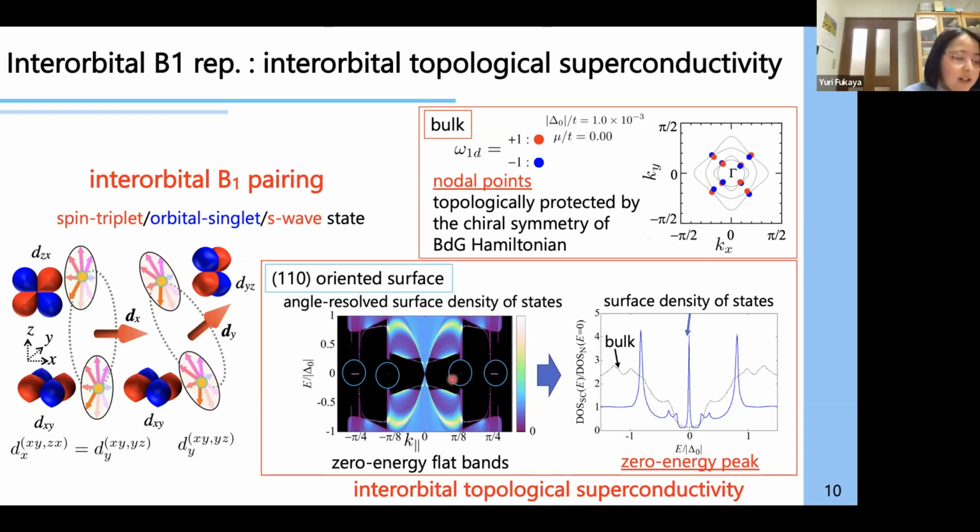As a result, a zero-energy peak of the surface density of states also occurs like this. The blue line is the surface density of states at the 110-oriented surface. The black one is the bulk density of states. These are the edge states for topological superconductivity. So we demonstrate that the interorbital B1 pairing leads to an interorbital topological superconducting state.